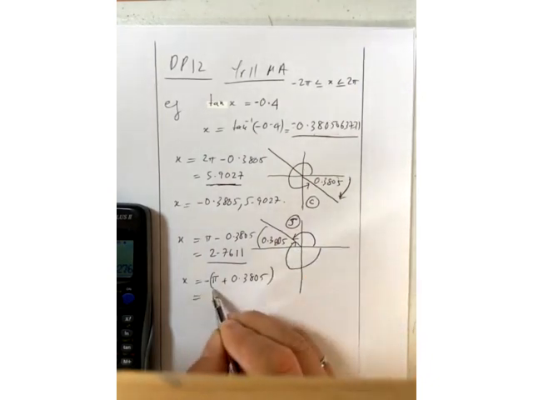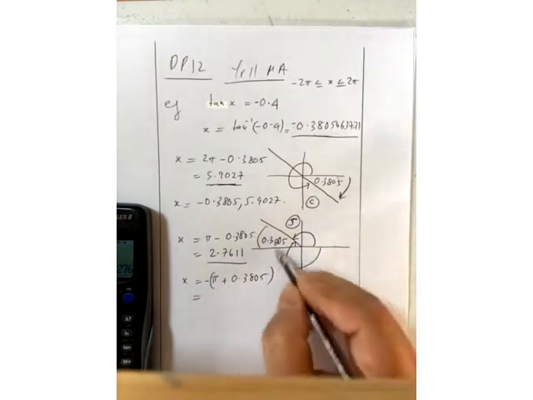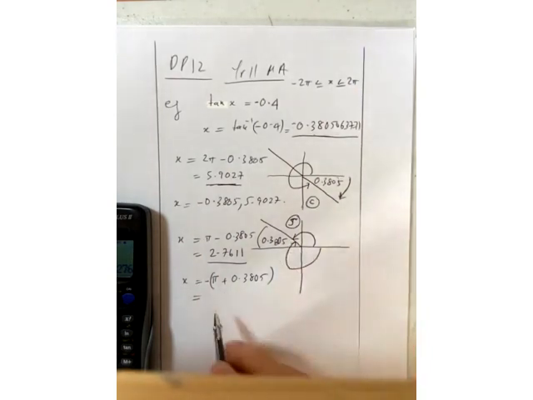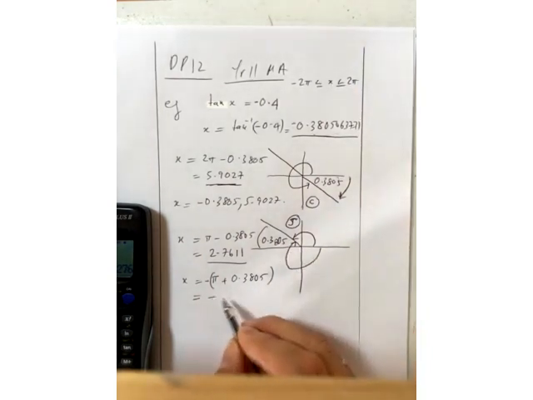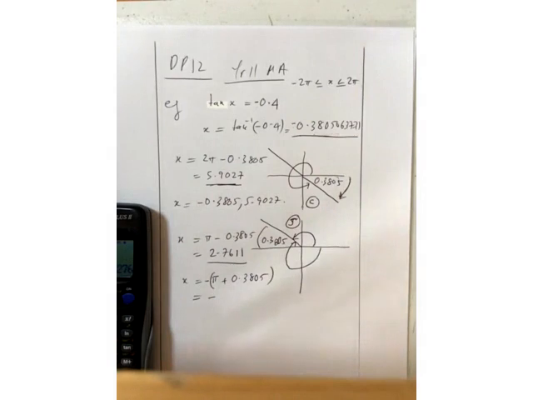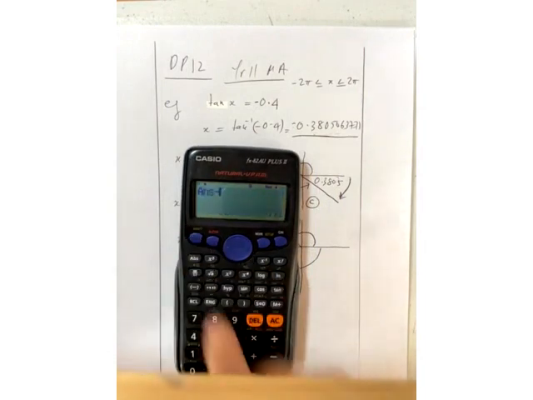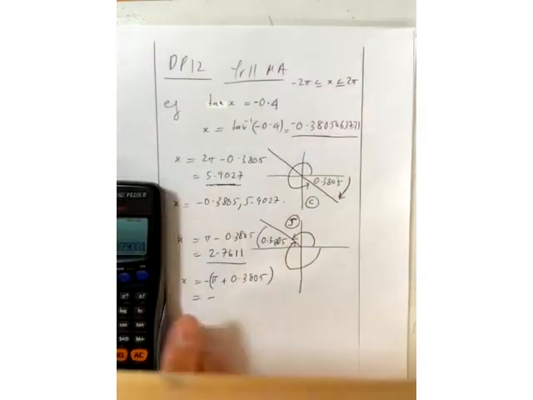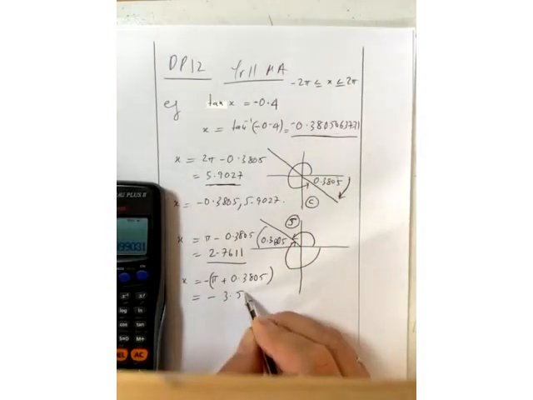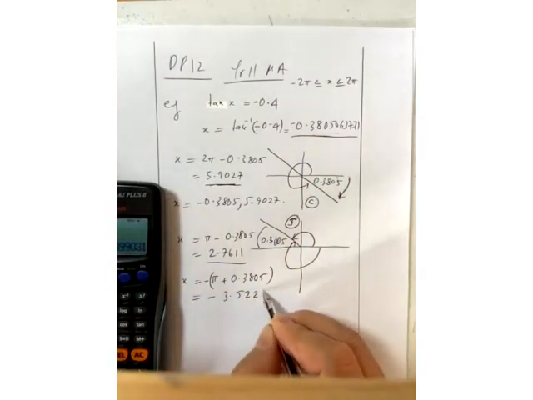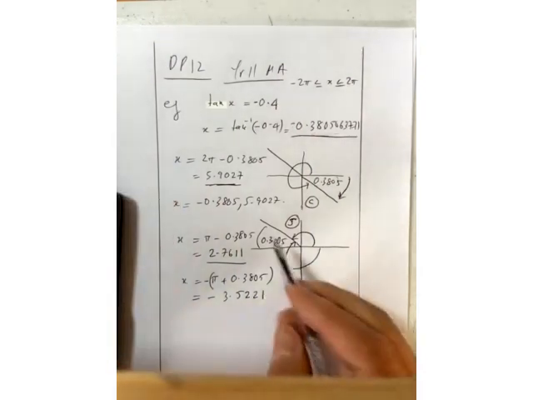So the answer is negative pi plus that answer in terms of magnitude. Let me get that A back, but remember it's negative. And then you minus another pi. And that will be negative 3.5221 to 4 decimal places.